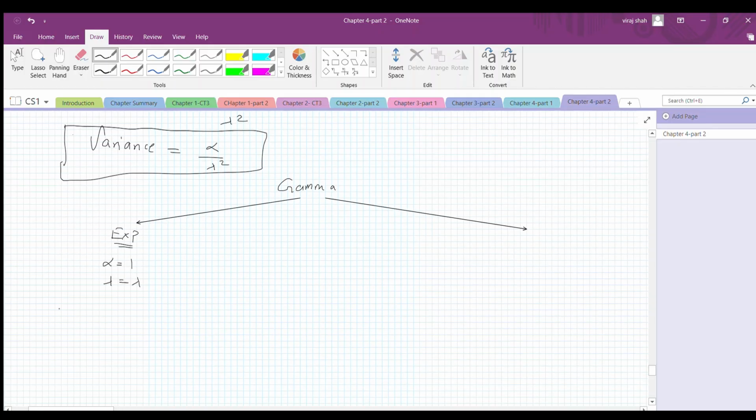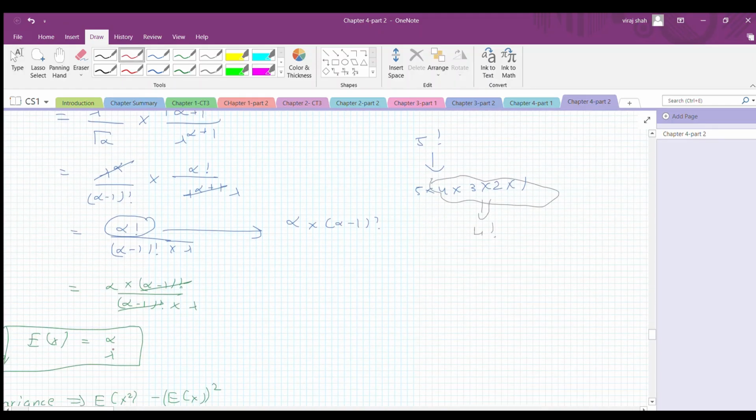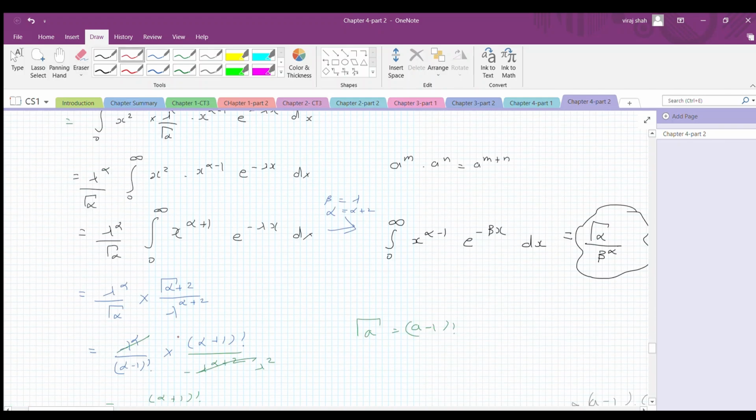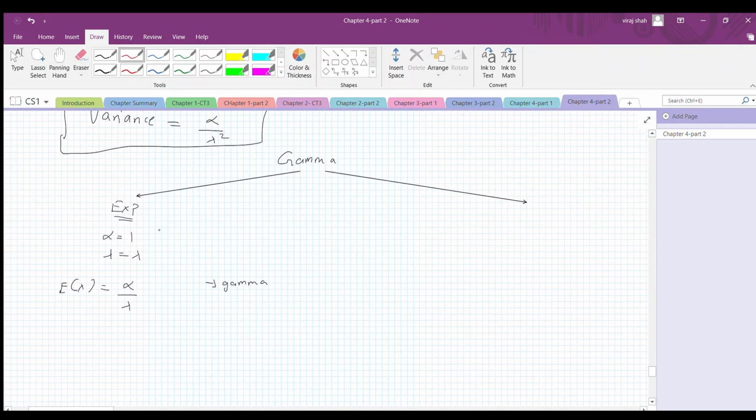Let us prove first expectation of x. What did we get expectation of x under gamma? We got this as nothing but alpha by lambda, right? So if you see here, we got this as alpha by lambda, right? So I can write this as alpha by lambda. Now let's put alpha as 1 and lambda as lambda only.